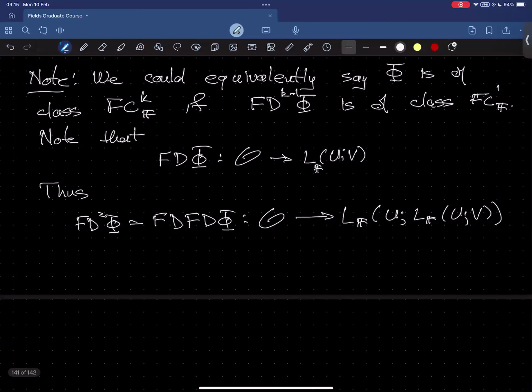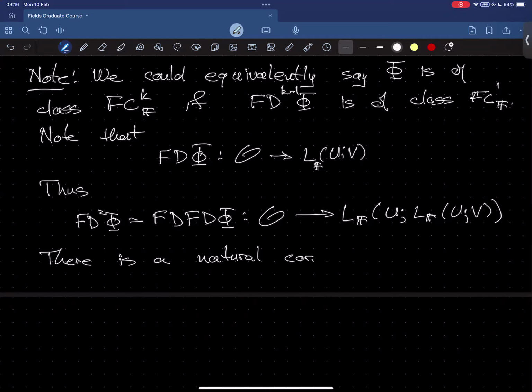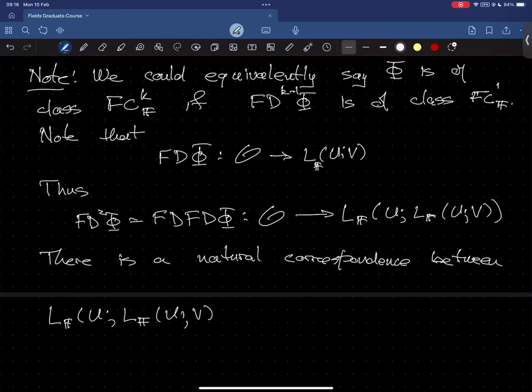Okay, so there is a natural correspondence between this space of linear mappings, which take values in the space of linear mappings, L(U, L(U, V)), and the space of multilinear mappings, L2(U, V).